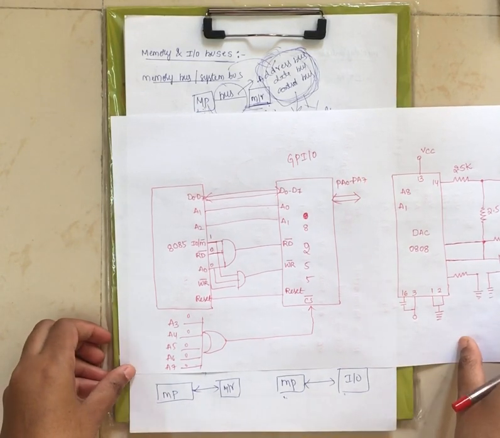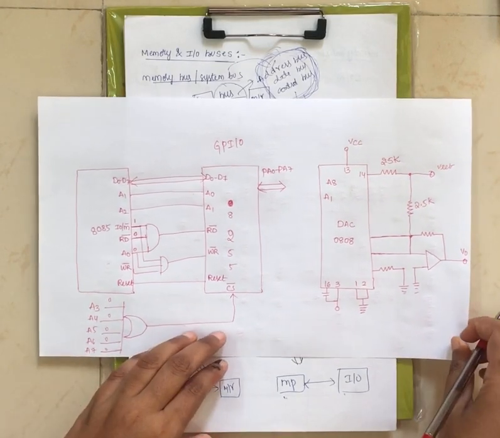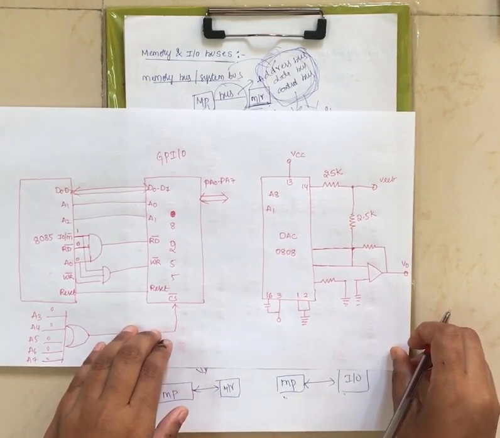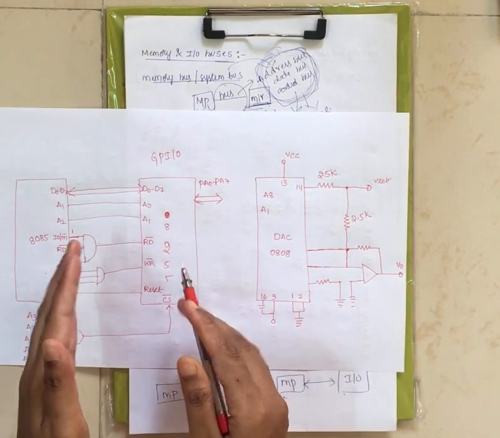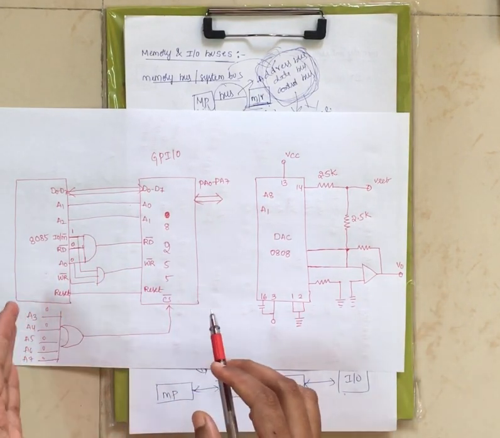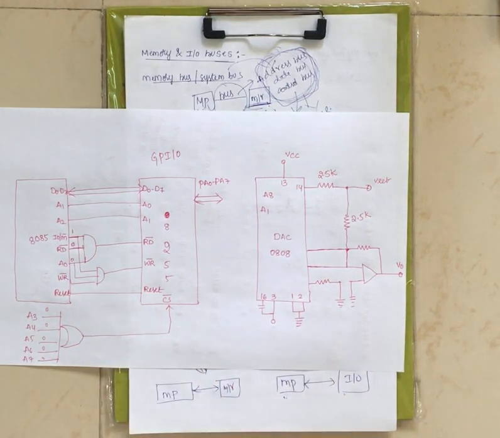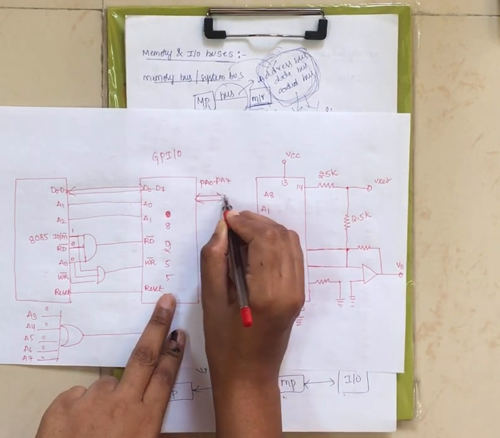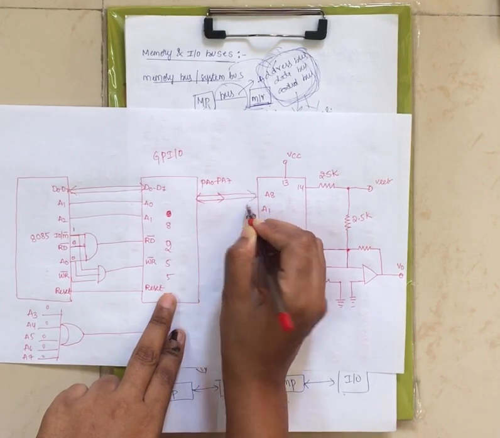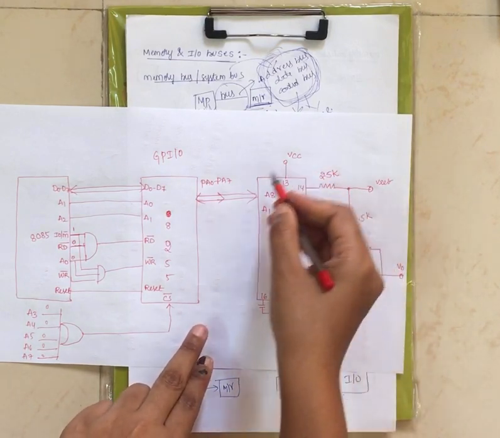This is how to interface your 8085 with the general purpose IO, first under IO mapped IO. This interfacing is done. Now interface the 8085 with 8255 under IO mapped IO to the DAC. Here you have the port A pins. Port A pins of 8255 are connected to A1 to A8 of the DAC.